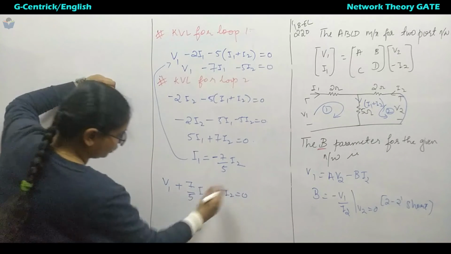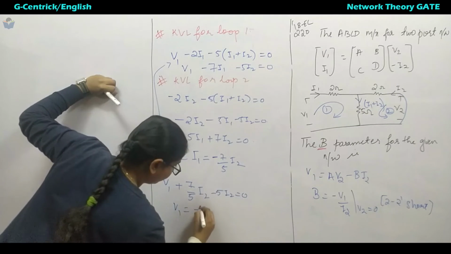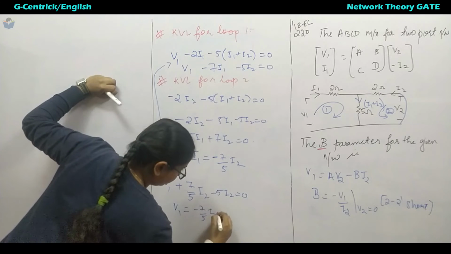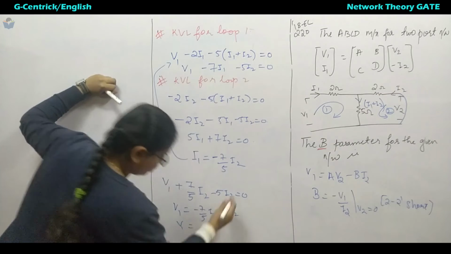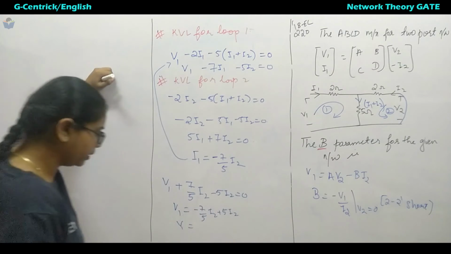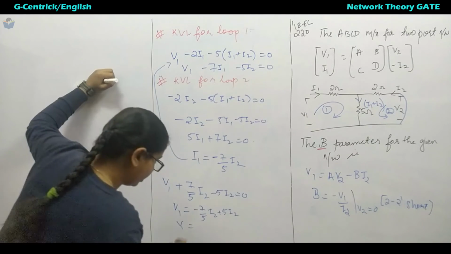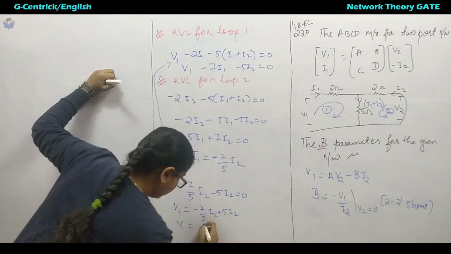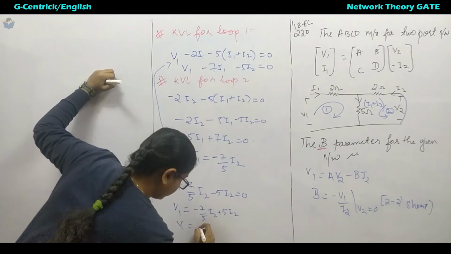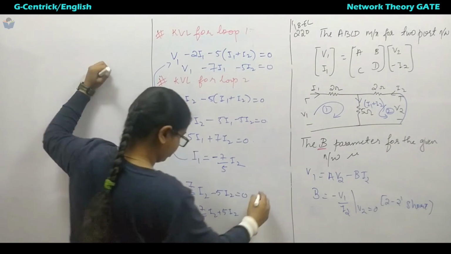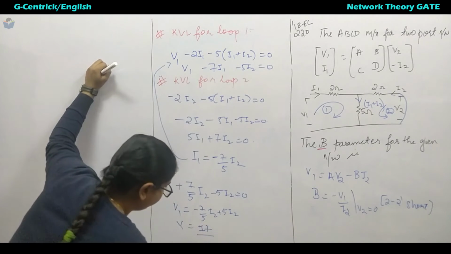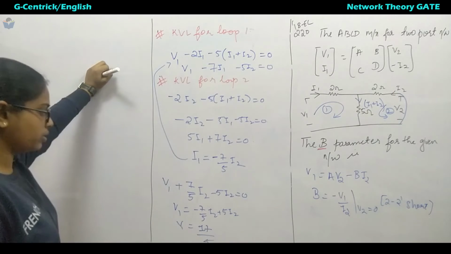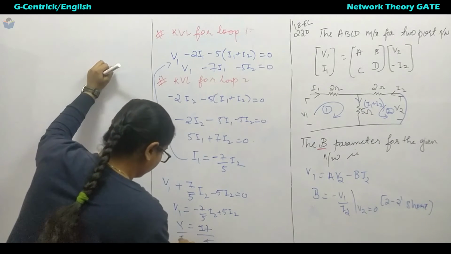We want the ratio of this, so V1 equals minus 7 by 5 I2 plus 5I2. The LCM is 5 here, 25 minus 7 will be 18, I guess. Yes, so it is 18 or 17. So this is V1 upon I2.